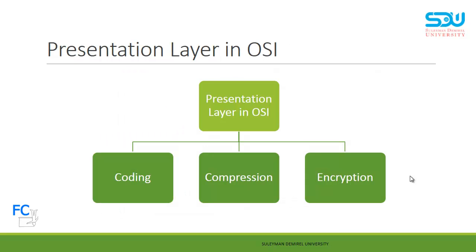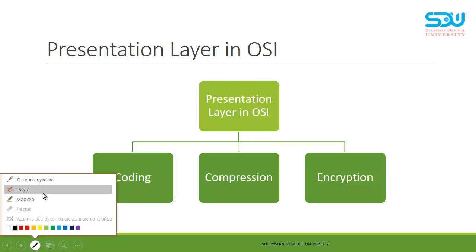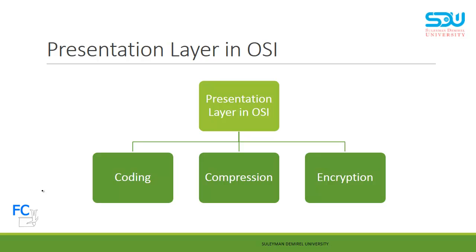The 6th layer of the OSI model is called the presentation layer. The presentation layer in the OSI model is responsible for the coding, compression, and encryption of your files. And imagine that you have a computer which is going to send data to another computer.